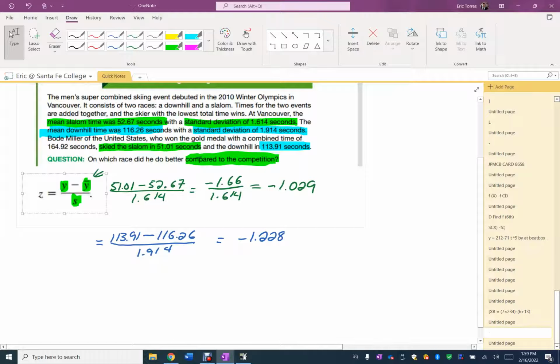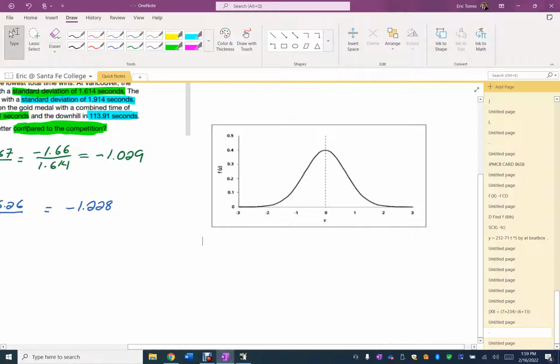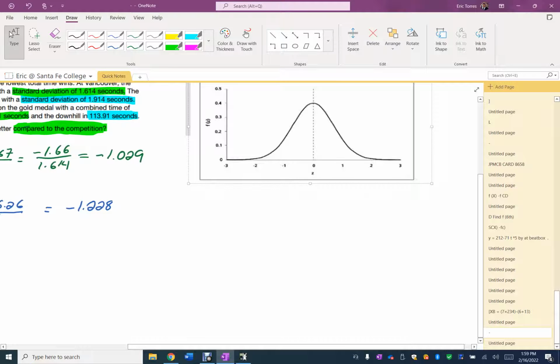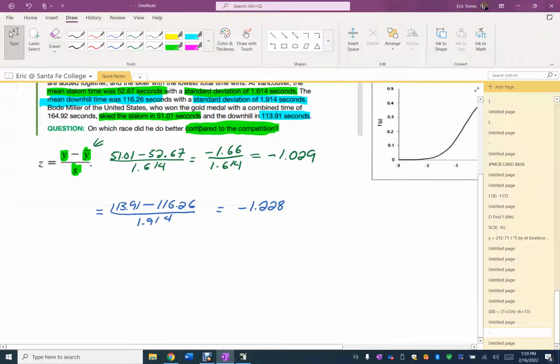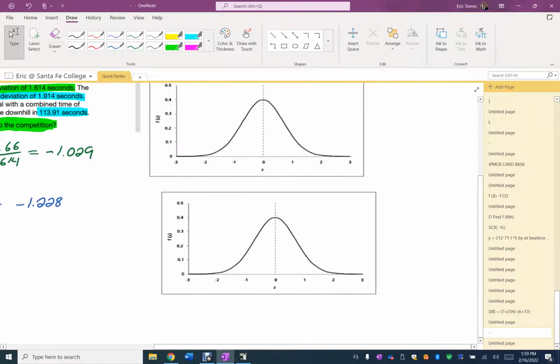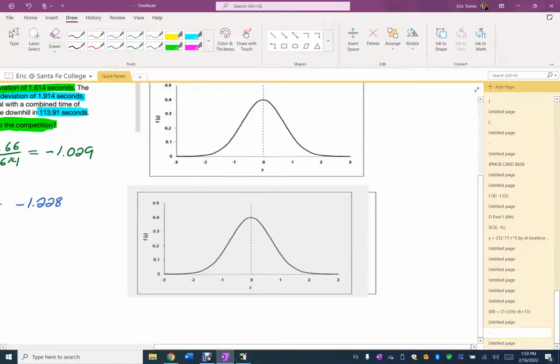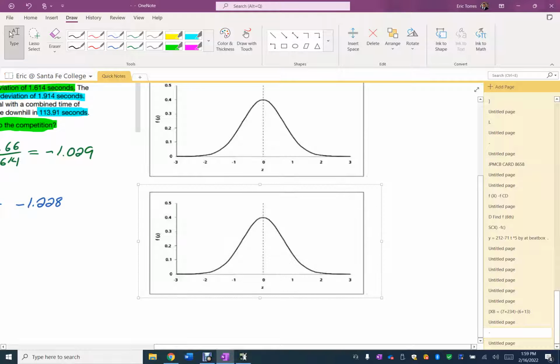Just make two of them. Paste one there, and one directly below it. And what I want to do is line these up as best as I can.